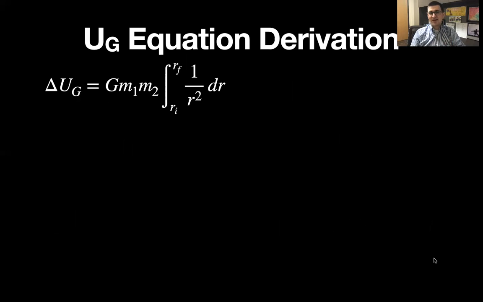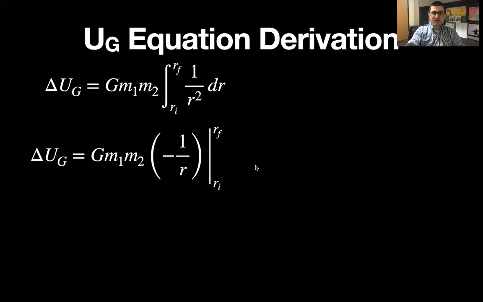You might want to practice this integration yourself, and don't forget that 1 over r squared can also be written as r to the negative 2. When you integrate, the constants stay the same and you get negative 1 over r, or negative r to the negative 1, evaluated from our starting point to our ending point.